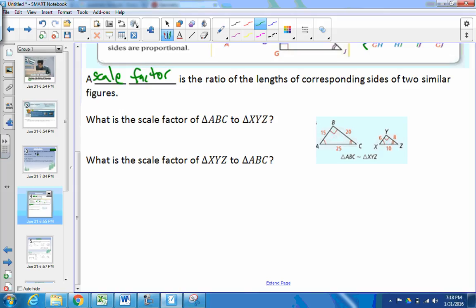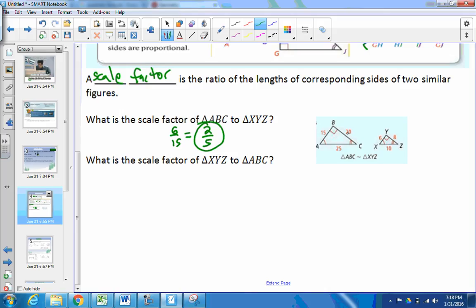Let's try the corresponding parts. AB and XY would be 6 to 15, which would reduce down to 2 to 5. So that would be your scale factor. From ABC, it's 2/5 because it's getting smaller. So if you multiply any of those parts by 2/5, you'll find the smaller one.